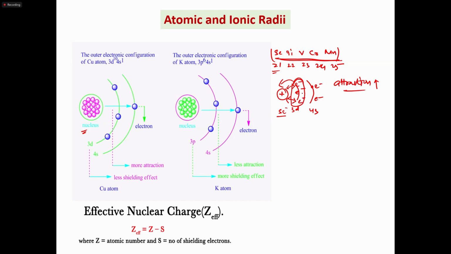There are three electrons present, so more attraction will happen between this nucleus and these three electrons. These electrons will be closer than in scandium and titanium. That's why when we go from scandium to titanium to vanadium, the atomic radius, the metallic radius value, is decreasing.